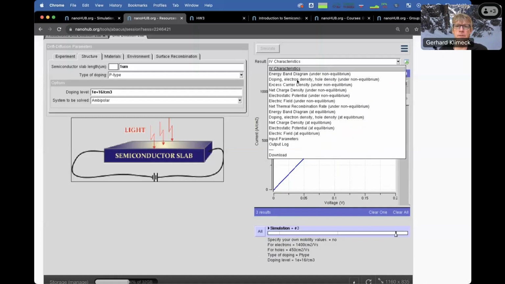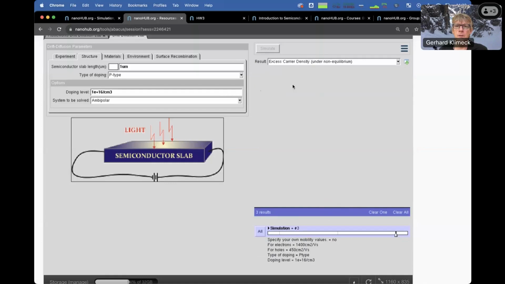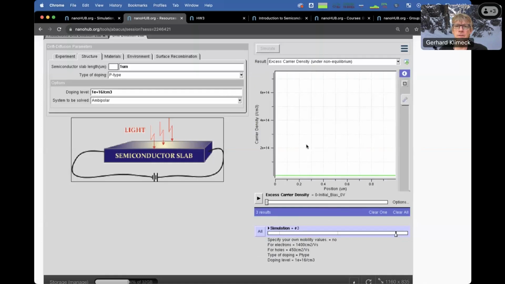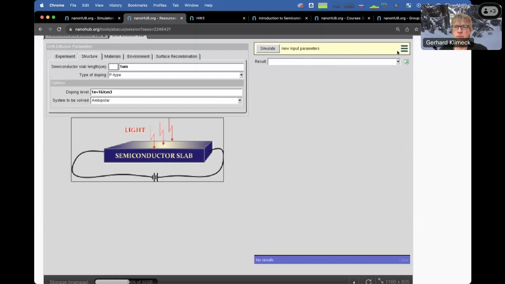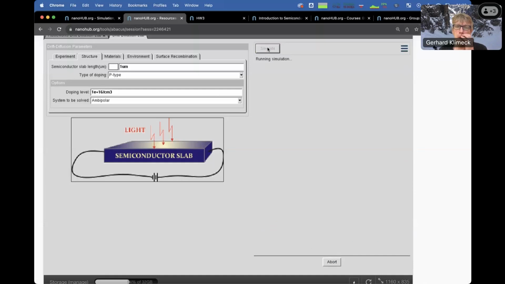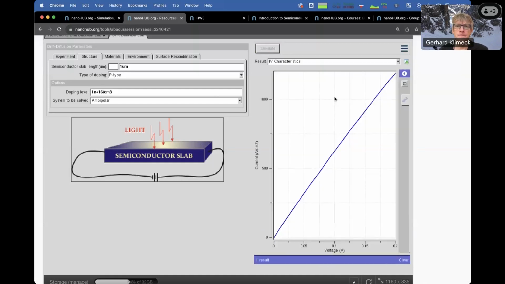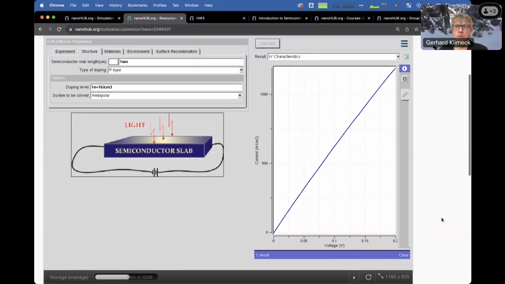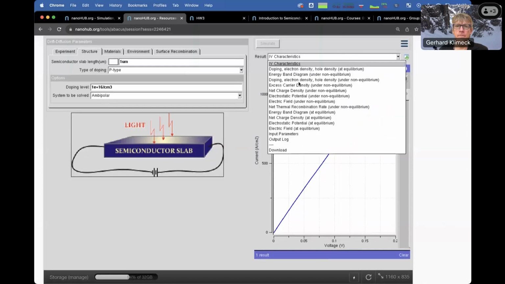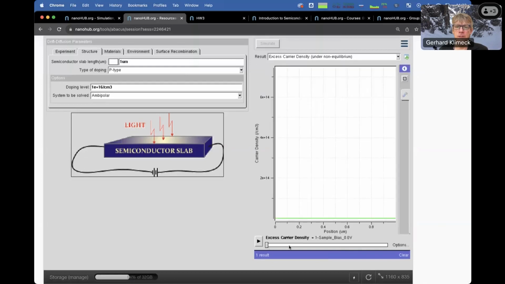Let me see. So here the excess carrier densities. Clear all this. So again, the excess carrier densities are quite different now due to the doping.